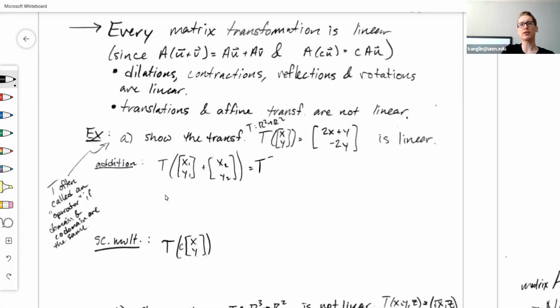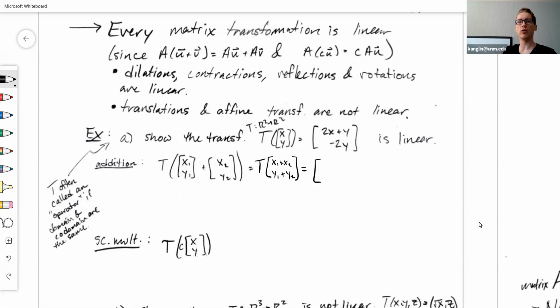The sum of those two vectors I can compute. It's easy to add two vectors. And now I can apply this transformation. I'm not even looking at it through the lens of matrices. If you could show this as a matrix transformation right away, that would say it's linear. Maybe we do that next. But for now, I'm just going to go through this process, directly showing that it preserves addition and scalar multiplication. So what do I get when I apply T to this vector (x1 plus x2, y1 plus y2)?